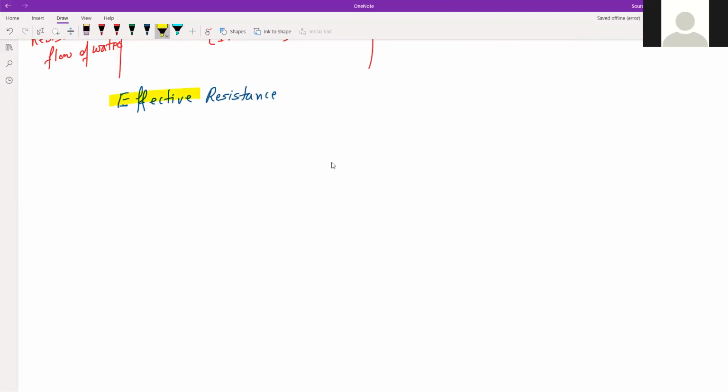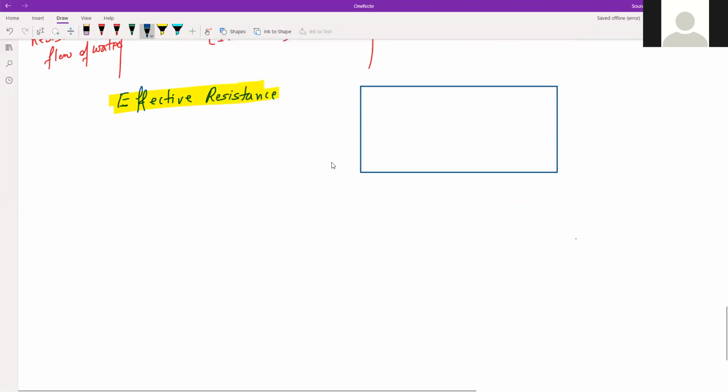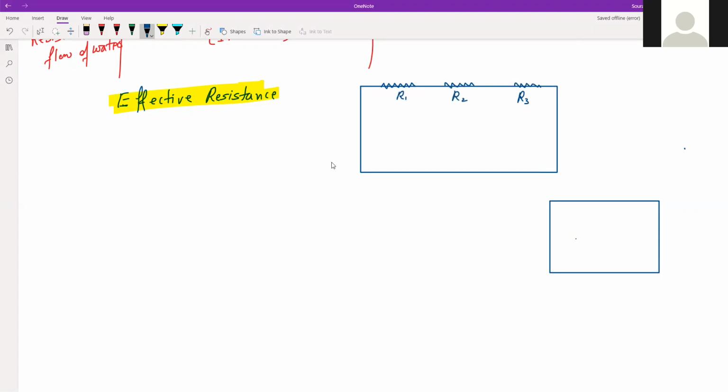Suppose we take an example of a series combination, and there are three resistors like this: R1, R2, and R3. You must have solved problems based on circuits in which there are lots of resistances and cells and all those things. So we'll see why we do that.